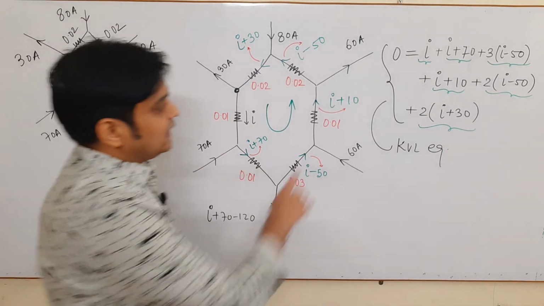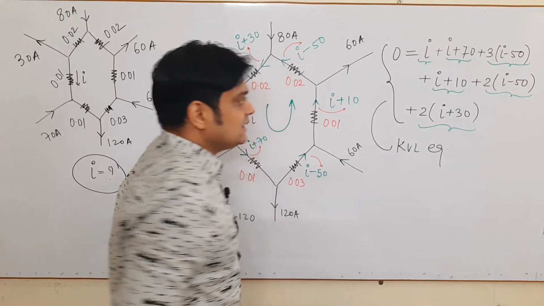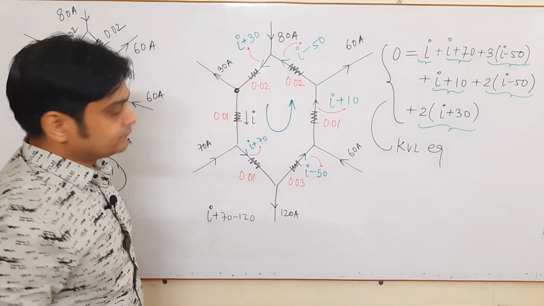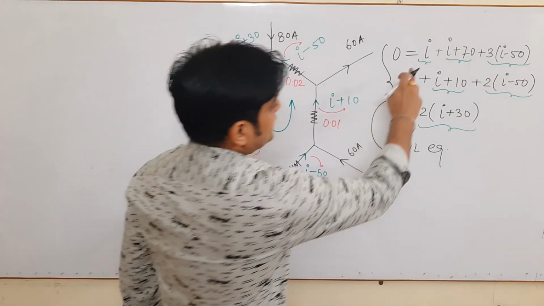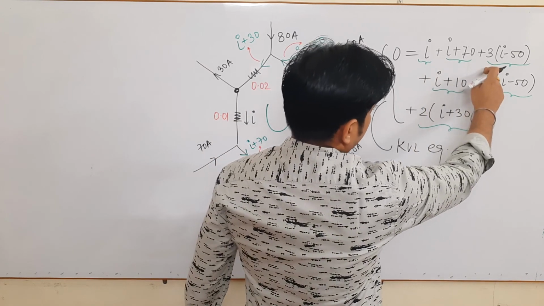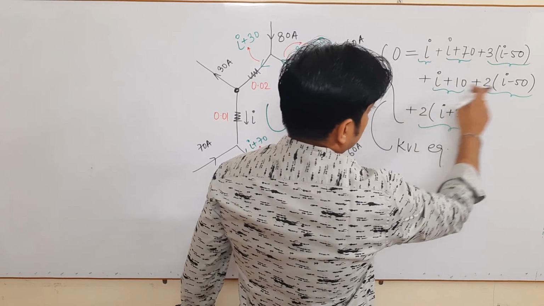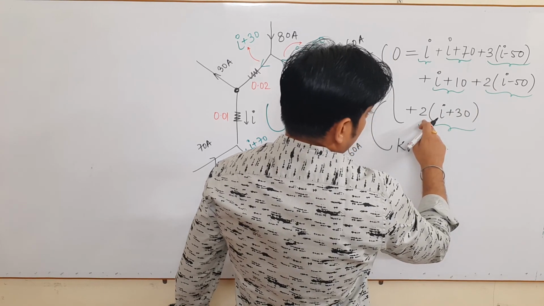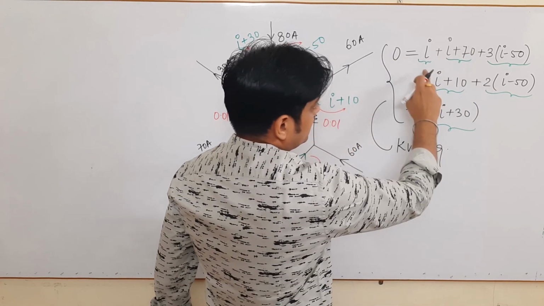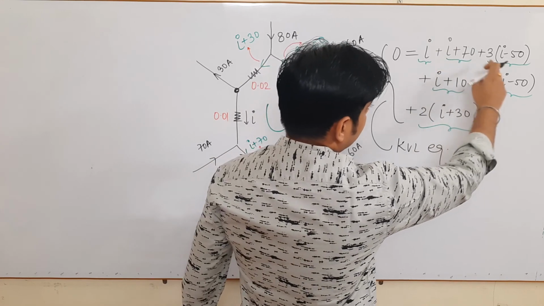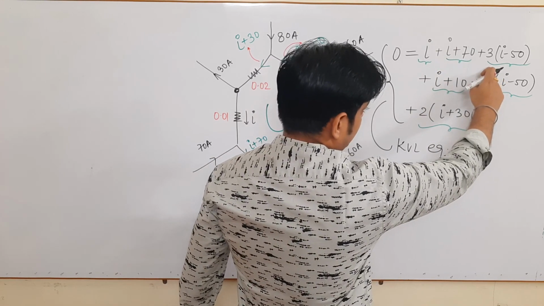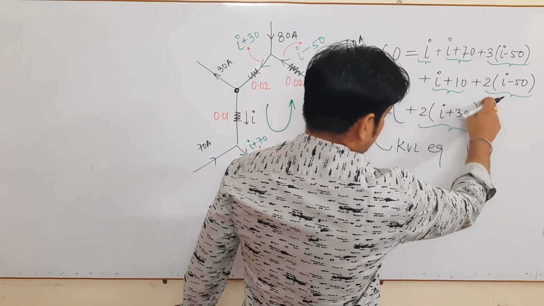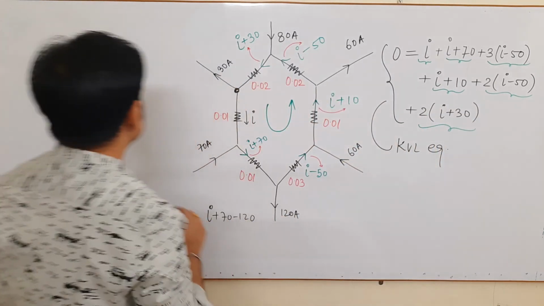So now with the help of this KVL equation, one can easily find the value of I. Just see here, this is I plus I, 2I, 5I, 6I, 8I and 10I. Once again we will solve it as I plus I, 2I, 3 to 5, 5I, 6I, 8I and 8 plus 2, that is 10I.